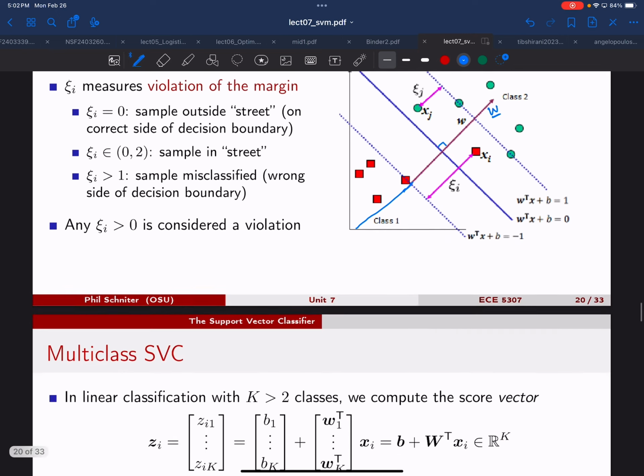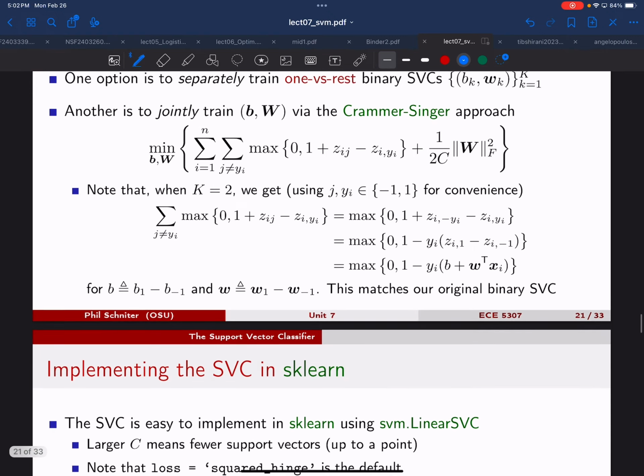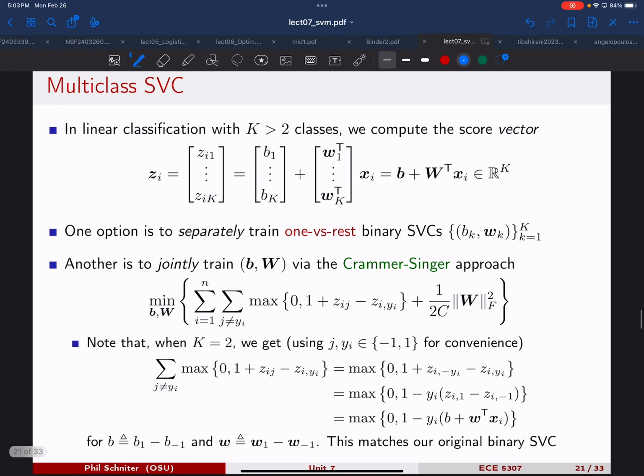Okay. One last topic for today is, what if we have more than 2 classes? Can we extend this idea? So we know how to do it with linear regression in general. What we do is, instead of having a single w vector, with this one-versus-rest approach, we train a separate vector for every class, little k.